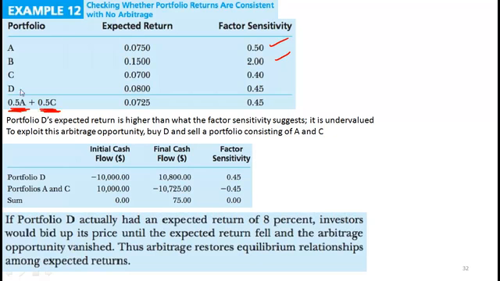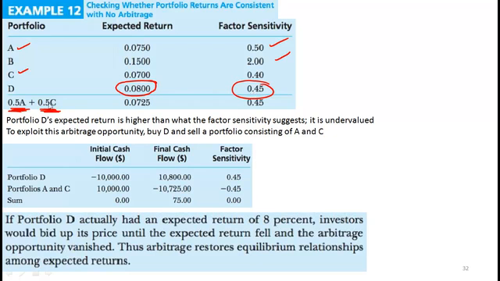You are also told that in the market, the expected return of D is 8%. So in the market, the expected return of D is 8% and the factor sensitivity, the beta essentially, is 0.45.